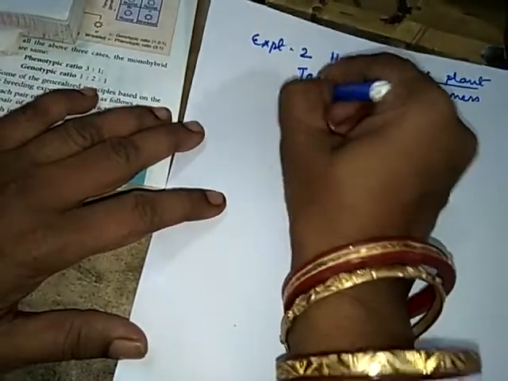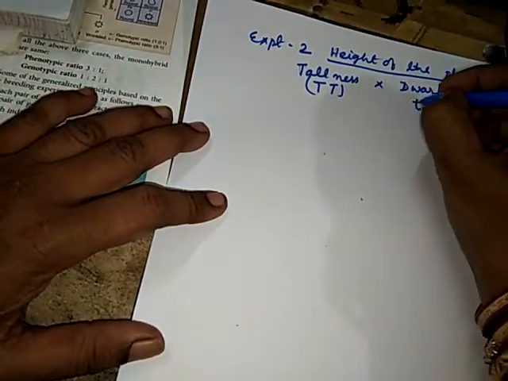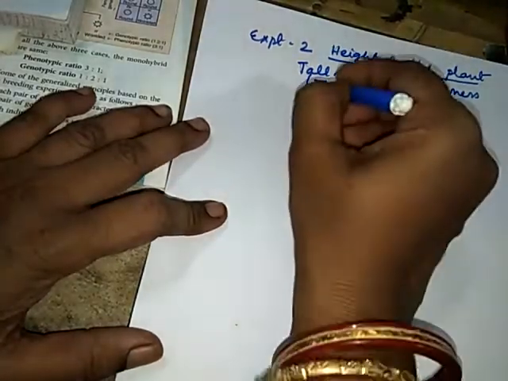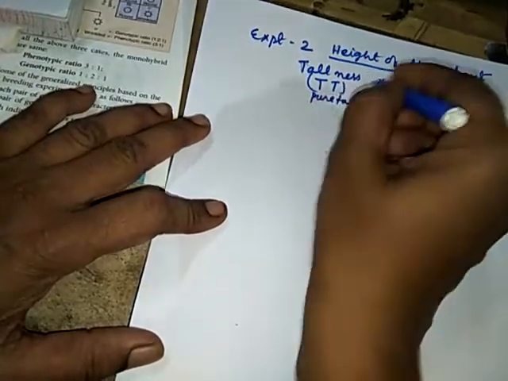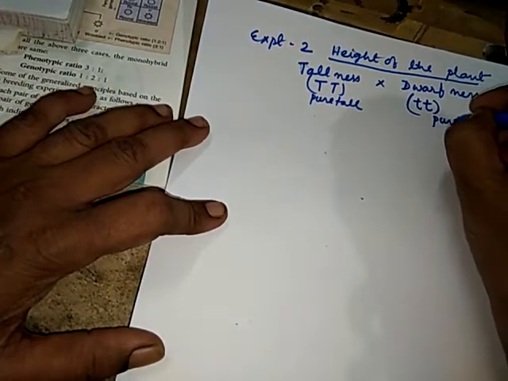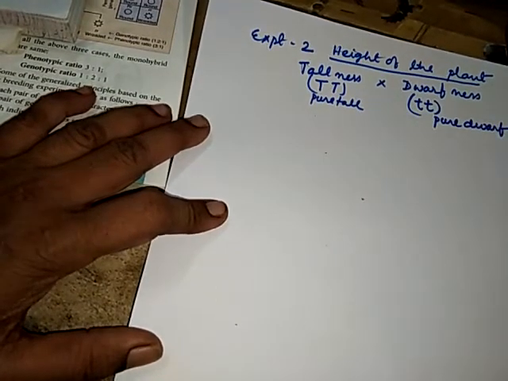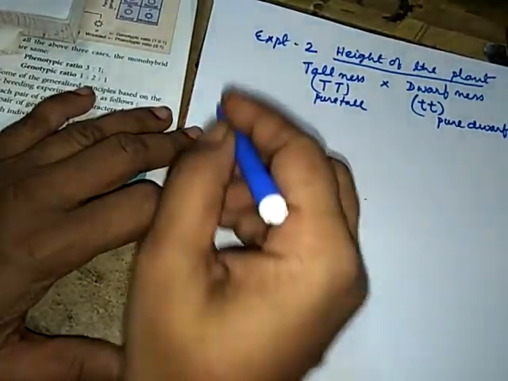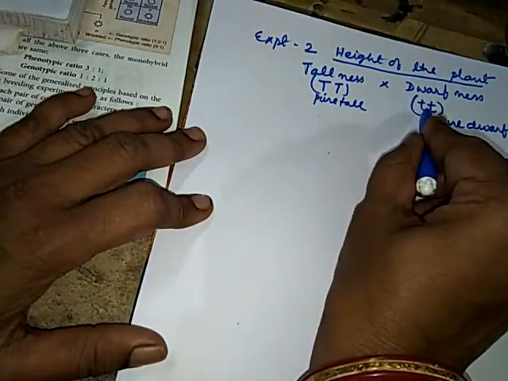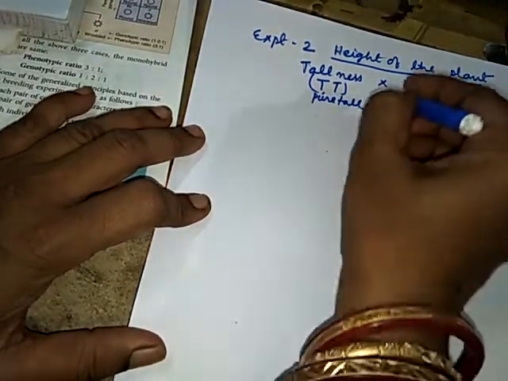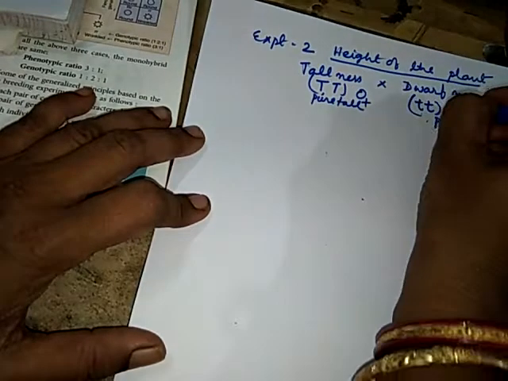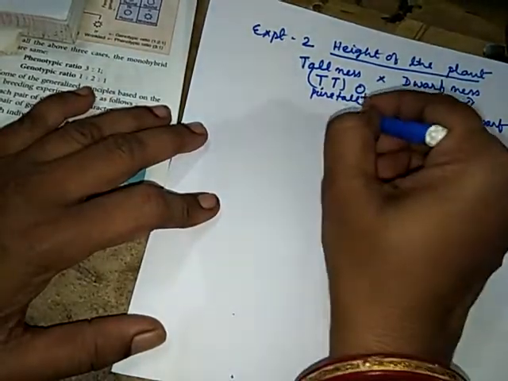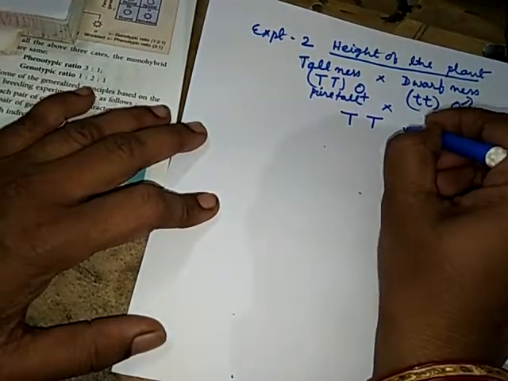Tallness is denoted with TT and dwarfness with tt, so we will be taking this as the pure tall and this as the pure dwarf. The phenotype and genotype of the parents are tall here, and both are dwarf here. So we will take this one as the female and this one as the male, allowing for the cross, and we will show it like this.